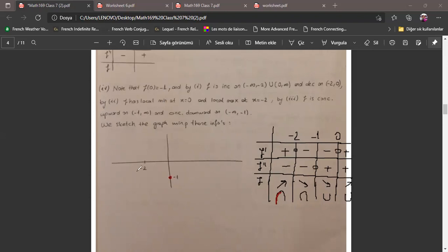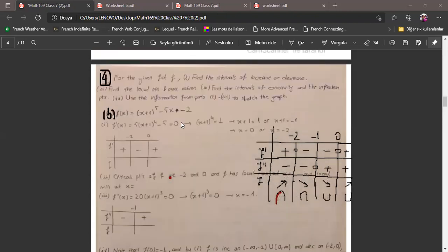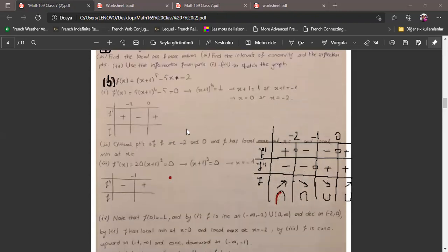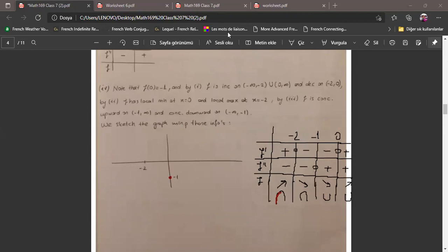So what do we have here? We didn't find them, it doesn't matter. So let's determine them too. We have something decreasing and downward, so it should look like this.